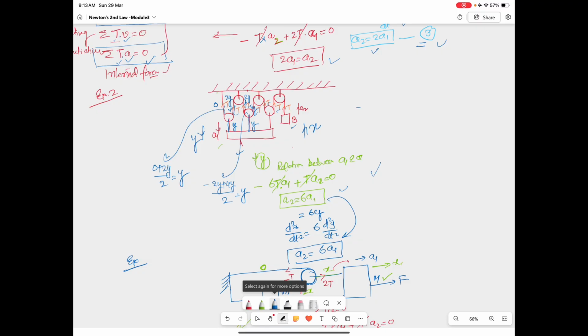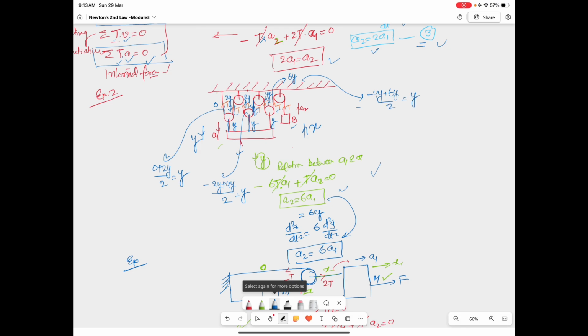Now if this string is coming down here by 4y, on this side it will go up by 4y, and again the whole mass is coming down by a distance y. So definitely this part has to go down by 6y. Then only it is minus 4y plus 6y divided by 2, which gives y.